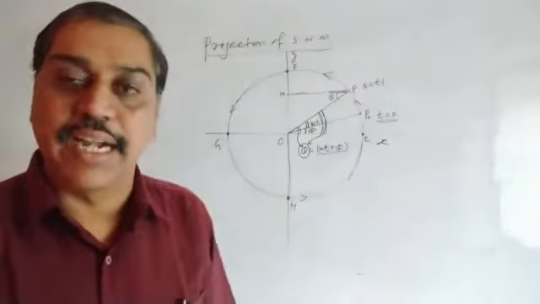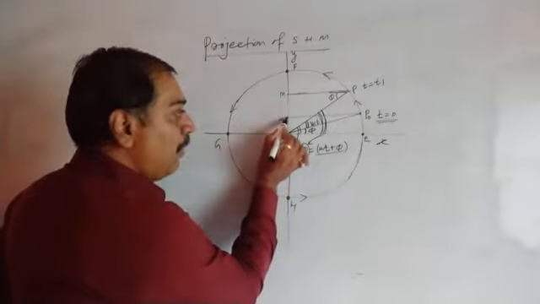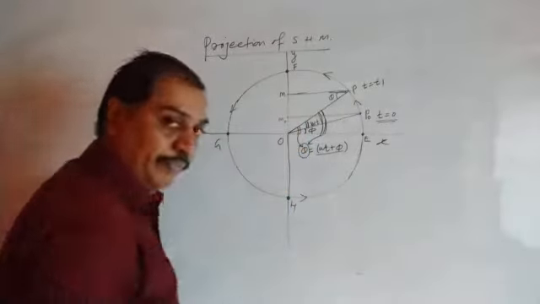As I have told you, initially the projection comes here somewhere. Suppose M0 is the position corresponding to the original position P0 of the particle. Okay. When it goes upward to point P, the angle theta equals omega t plus phi, and the projection is what? PM. The projection has shifted from M0 to M.